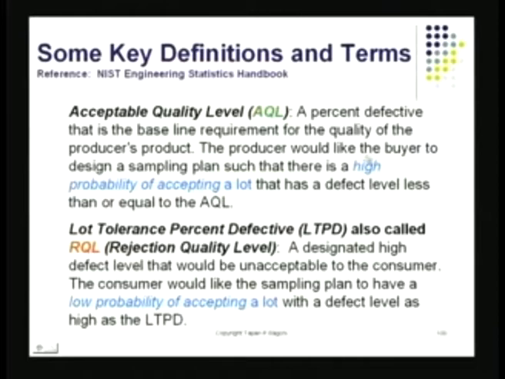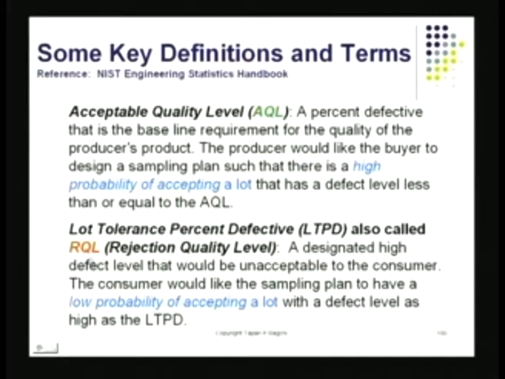The producer, who is supplying the parts or the pens and so forth, would like the buyer, who is now the consumer, to design a sampling plan such that there is a high probability of accepting a lot which is coming in at AQL level. Because there really is no reason for us to reject a lot which is already at AQL level. Now this being high means alpha should be low.